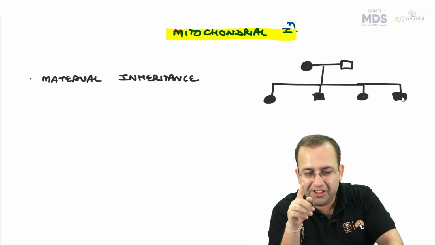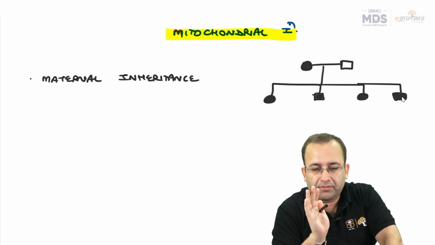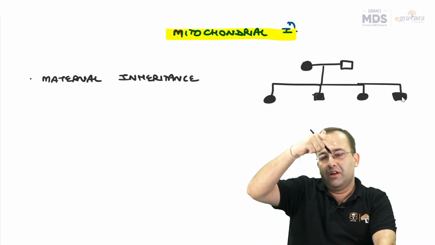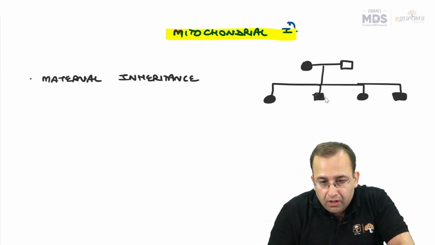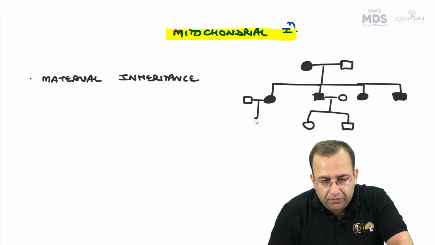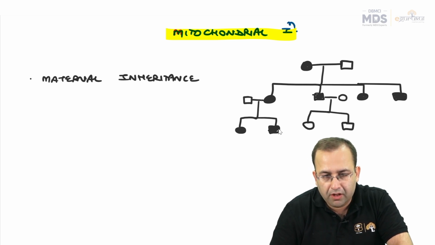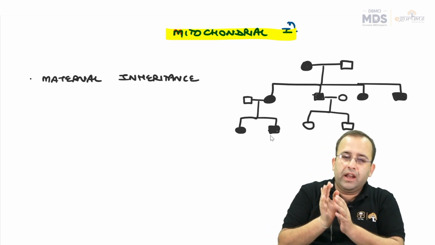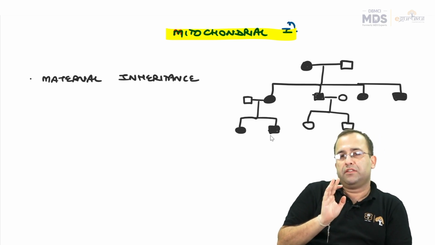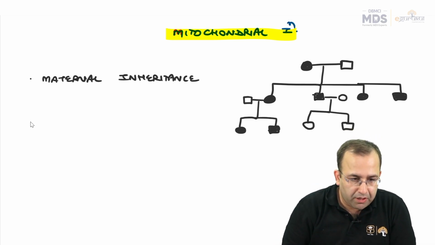We do not know how to talk much. Square is male. You know this. So if mother is affected, all the children are affected. If father is affected, none of the children are diseased. Plain and simple. This is the pedigree chart of mitochondrial inheritance. Next point.